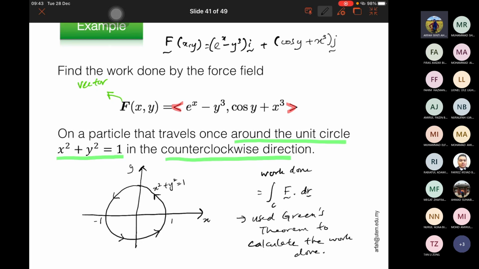Okay. So by using Green's theorem, the statement we learned earlier.